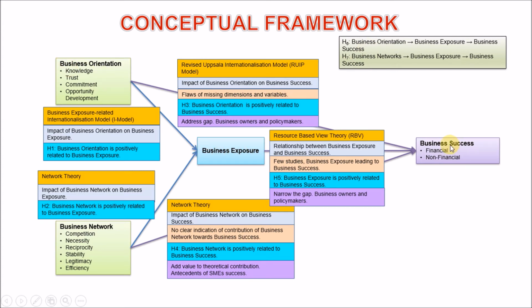How about the next one? Very easy. Business network as a mediating, right, between business network and business exposure mediating between business network and business success, which is written here. How about moderating variable? Take a look at this. Ethnocentrism. If we consider this as a moderating variable, so how to state this?